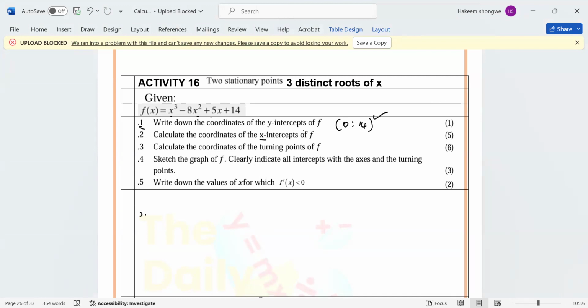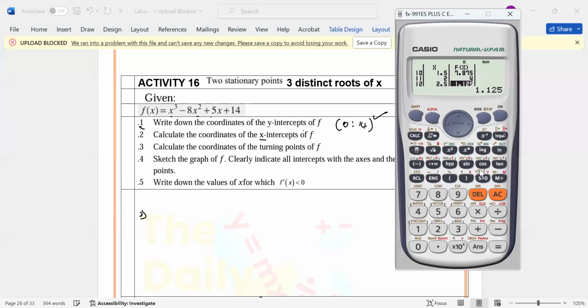So let's do number 2 this way. We go to our calculator. And then we say we have mode. And then on mode, we go to table. And then we type this: alpha x shift cubed minus 8 alpha x squared plus 5 alpha x plus 14 equals.